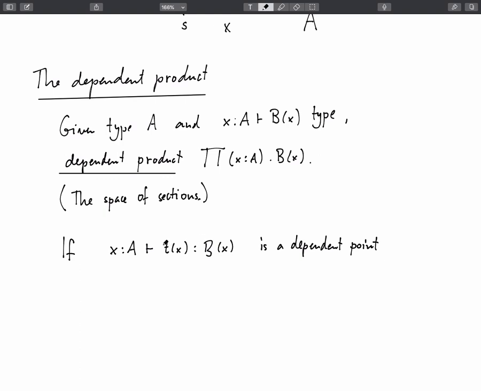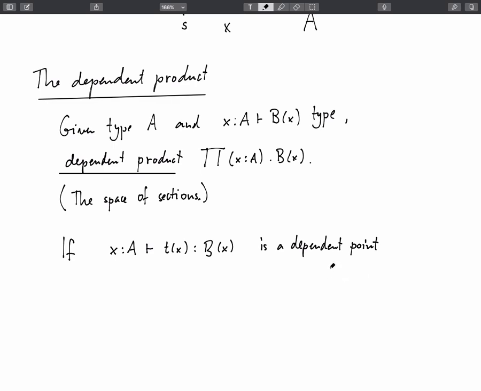Speaking very concretely, this means that t is some expression which depends on x. In practice, when you write down actual dependent points, you will write down something which depends on x here.